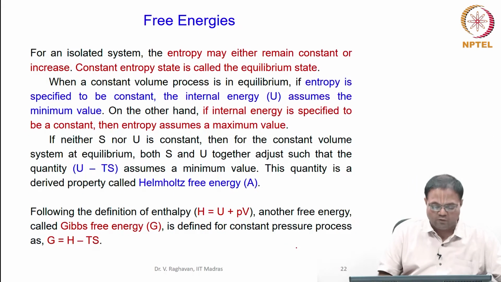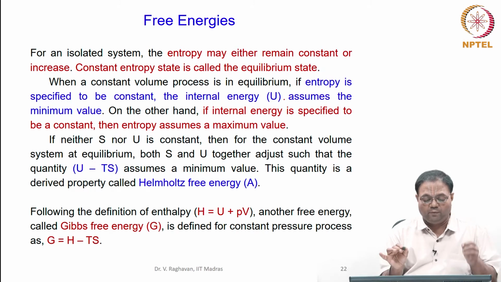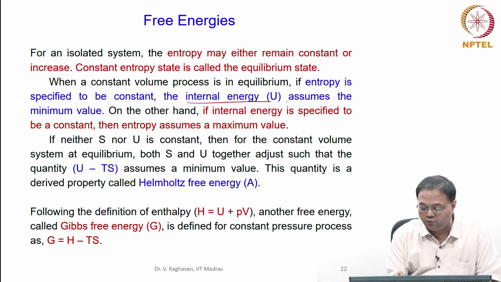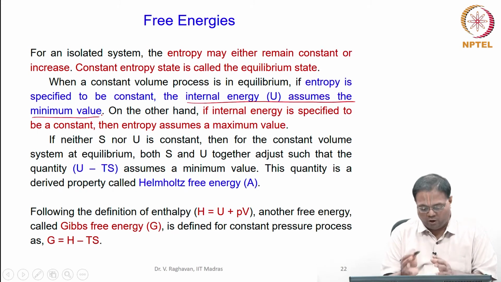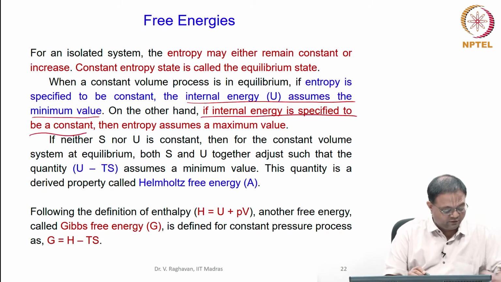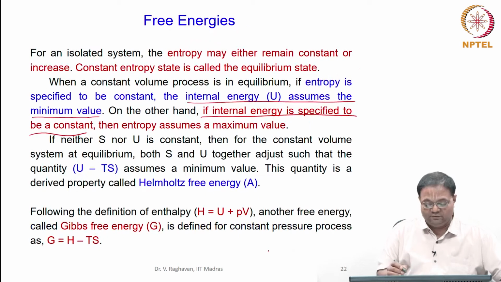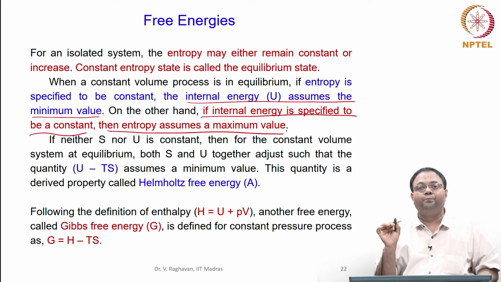Actually what happens is, when you assume a constant volume process in equilibrium, if entropy is specified to be constant, S is constant, then internal energy assumes a minimum value. On the other hand, if internal energy is specified to be constant, then ds will be equal to 0, which means entropy assumes a maximum value.